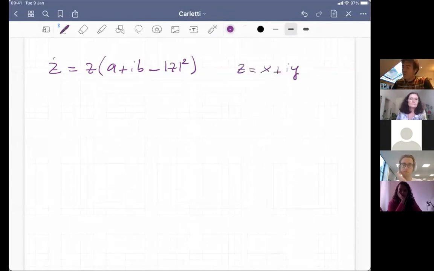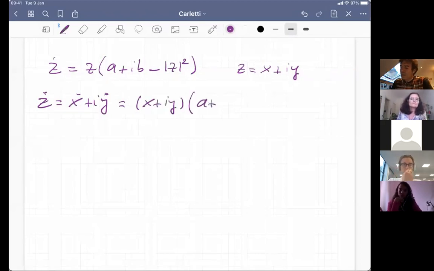If you differentiate the definition, you have Z dot equal to X dot plus iY dot, and this is equal to (X plus iY) times (A plus iB), minus the modulus of Z squared, which is X squared plus Y squared.